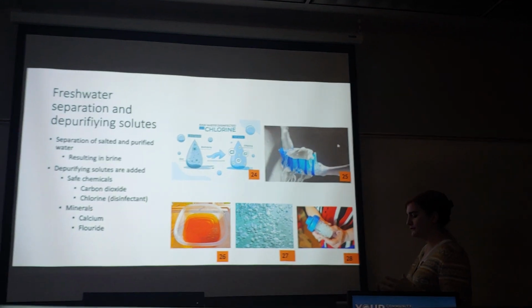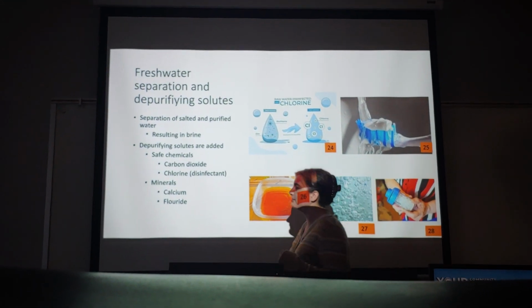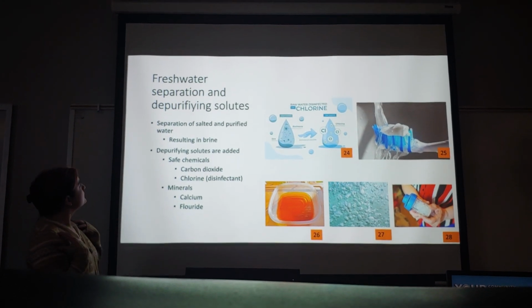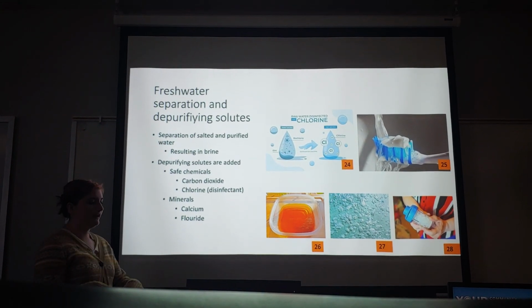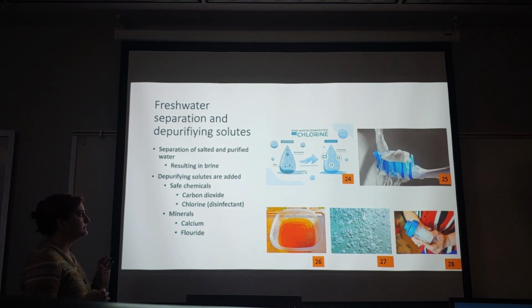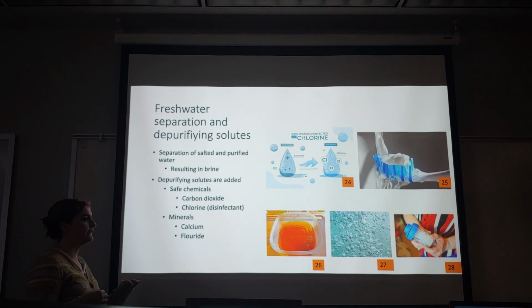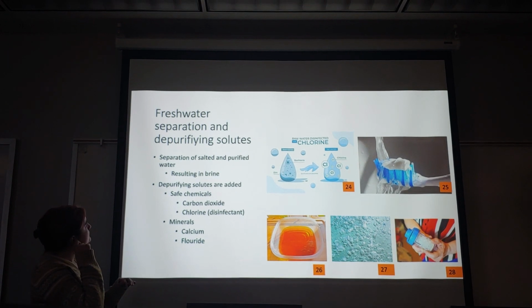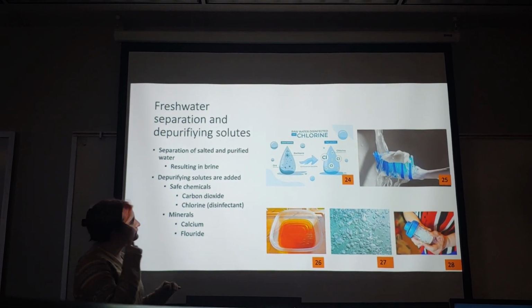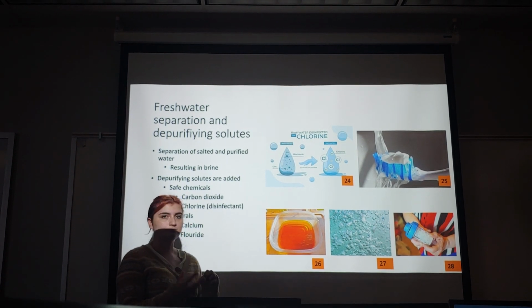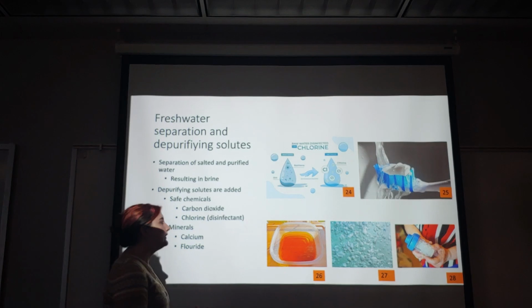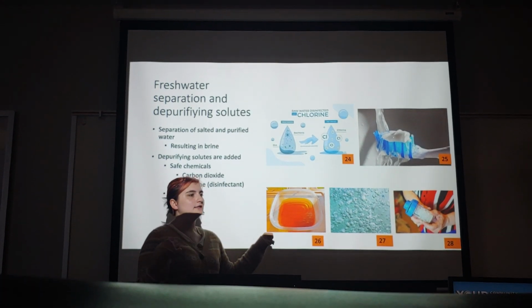All right, so after reverse osmosis happens, we need to treat the water that we have obtained after removing all the salt ions and everything from the salt water. After you remove the salt from the water, you're going to get brine.